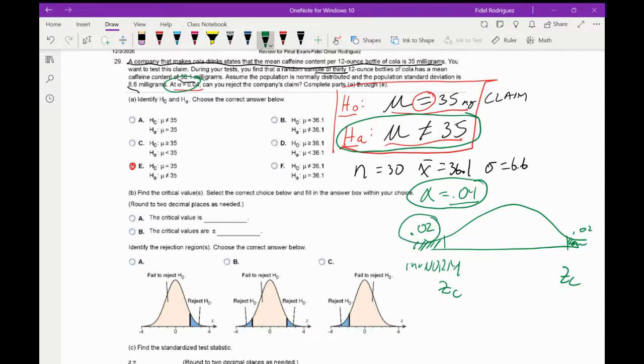I'm just going to do this part on my calculator. I'm going to go second vars, scroll down to number 3, which is inverse norm, and type in 0.02, and keep hitting enter until I get my answer, which ends up being a negative 2.05, and then this one is going to be a positive 2.05.